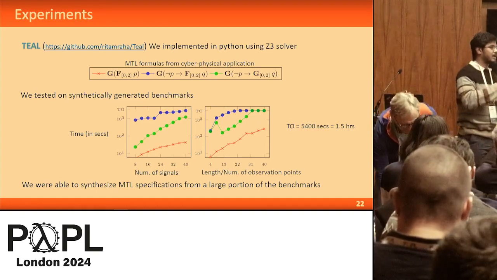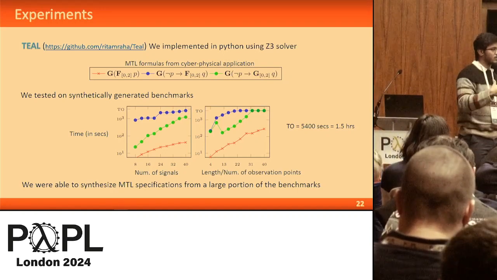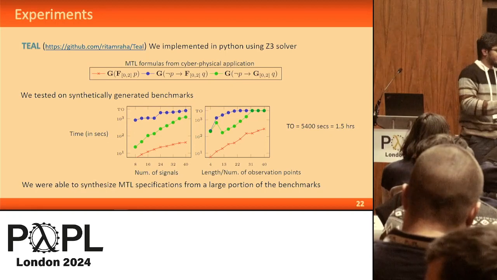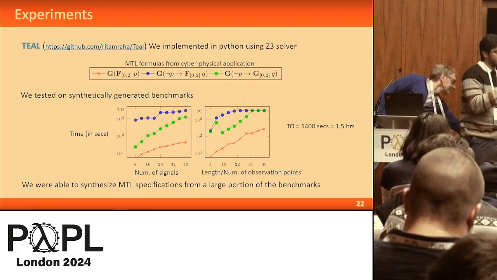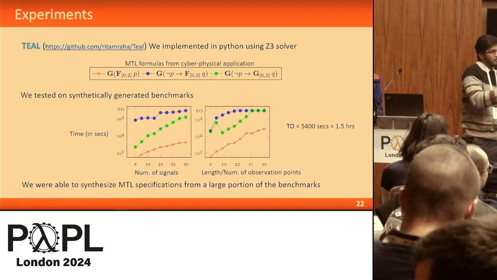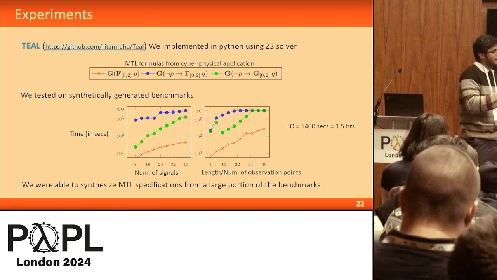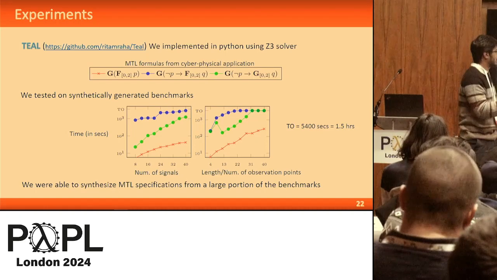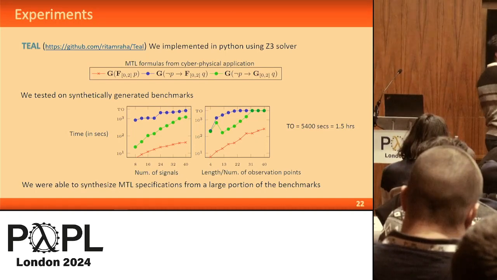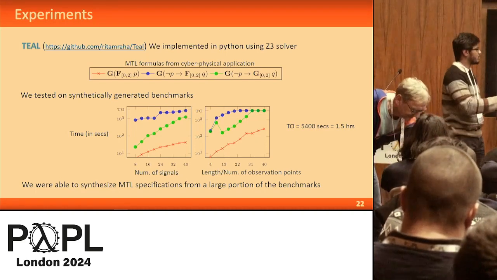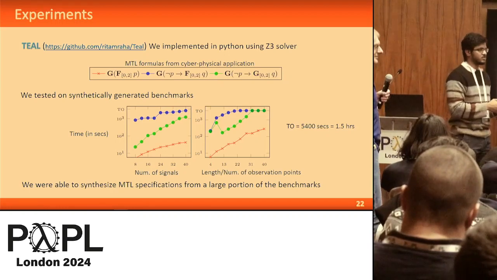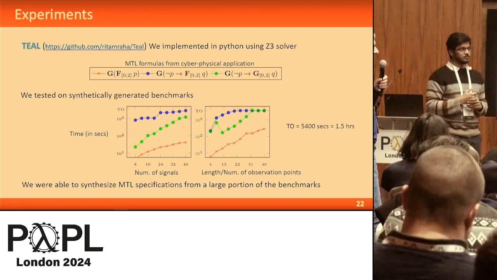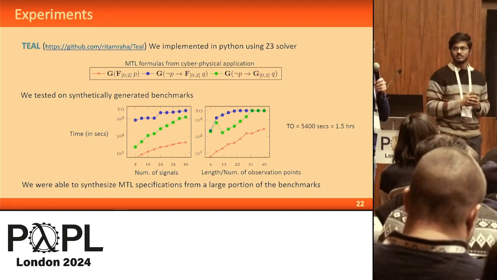This is a survey work which looked at the past 10-20 years of research that has been done, and they looked at MTL patterns which appear in practice, and they identified a list, and we took the ones from the list which are globally separating, which have this G something form, and we tried to check whether our work can replicate that. Okay. Any more questions?